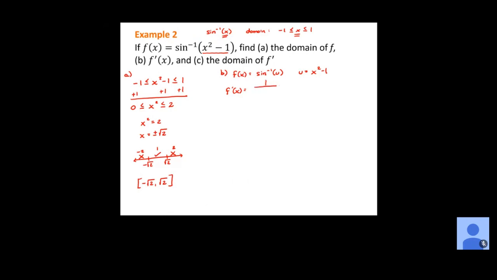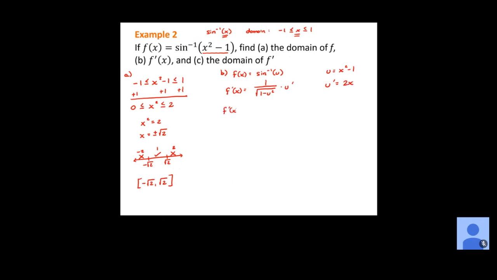So we get 1 over square root 1 minus u squared, and then times u prime. Now we just need to know our u prime value. So what's the derivative for u going to give us this time? Good, u prime is 2x.